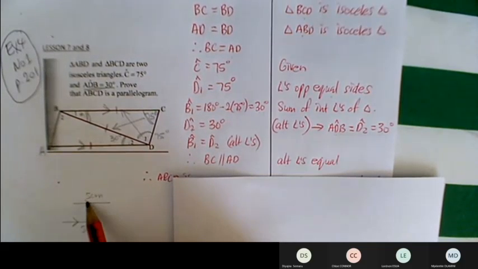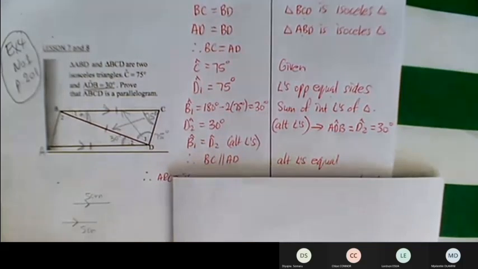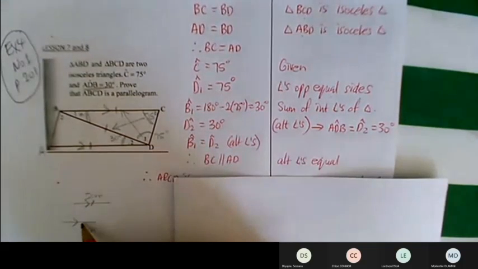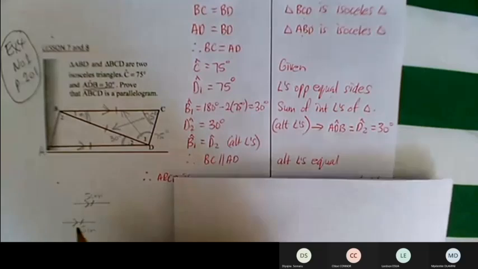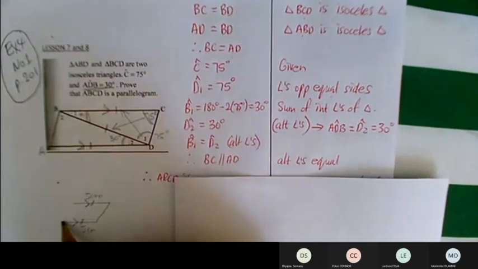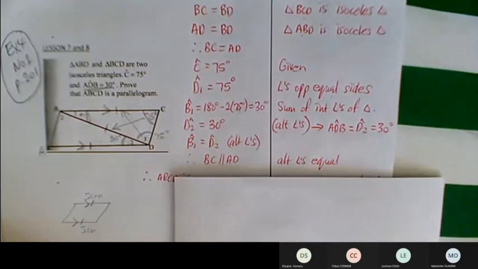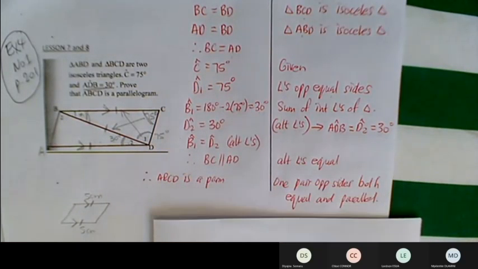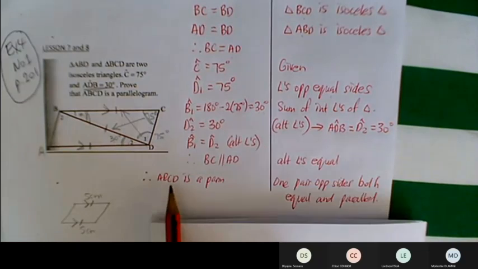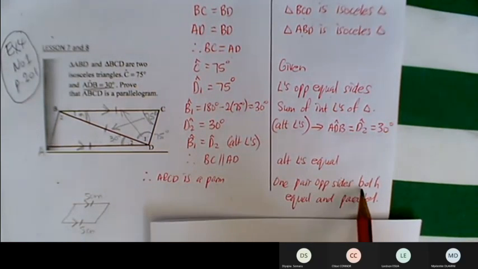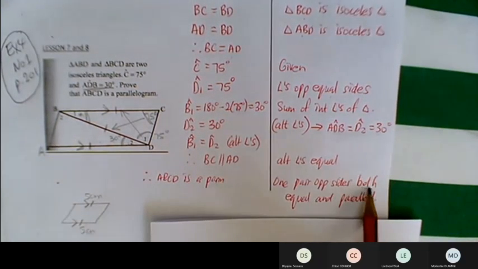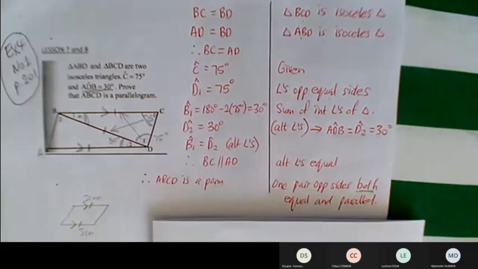They're the lines in my book, for example. That's a parallelogram. You see, both equal because they're both 5 centimeters, both parallel. So all I do is close it up here, you see? It's definitely a parallelogram. It'll be parallel both sides. Okay, is that one good? So therefore, ABCD is a parallelogram, one pair of opposite sides, both equal and parallel.